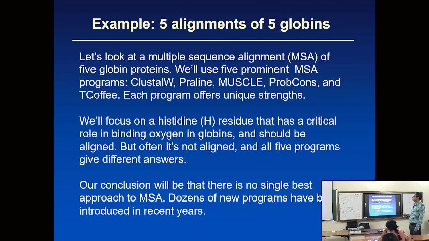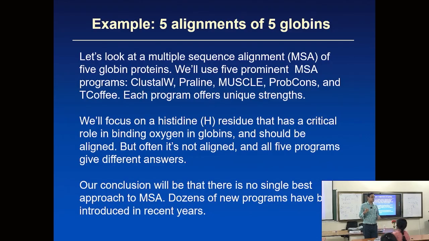So let's consider multiple alignment of 5 globin proteins, and we will use several programs: ClustalW, Praline, Muscle, ProbCons, and T-Coffee. We will focus on a histidine residue, the H residue, because it has a critical role in binding oxygen.